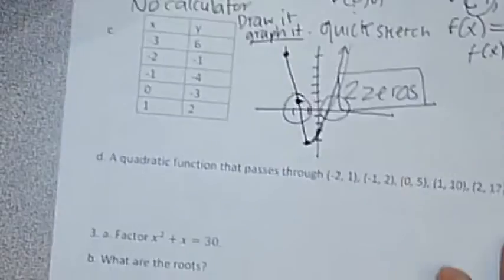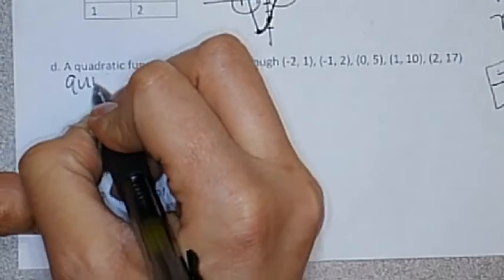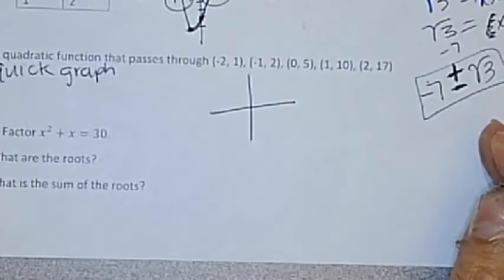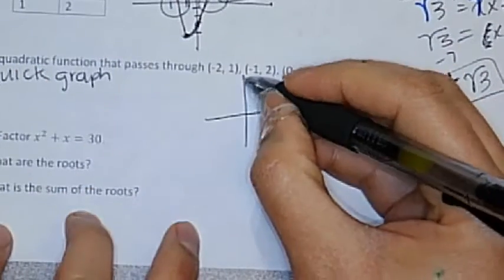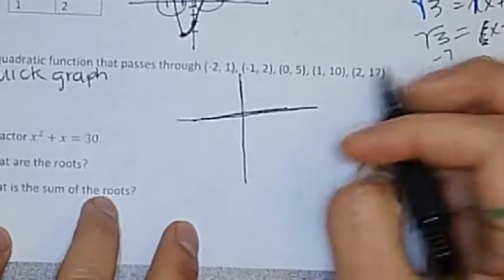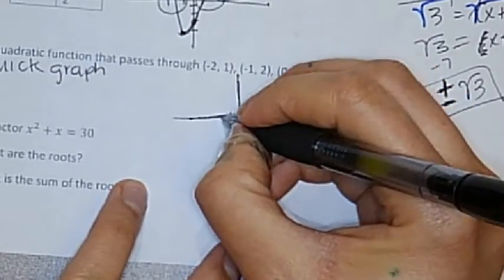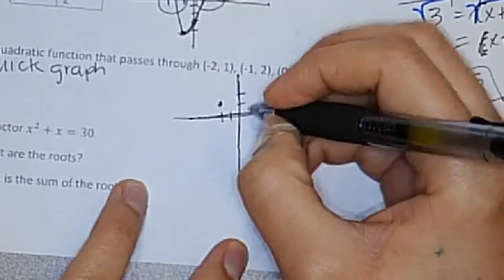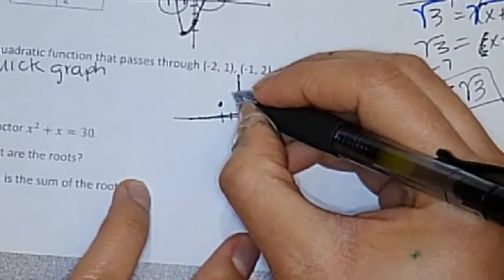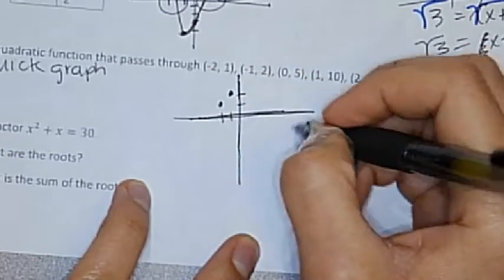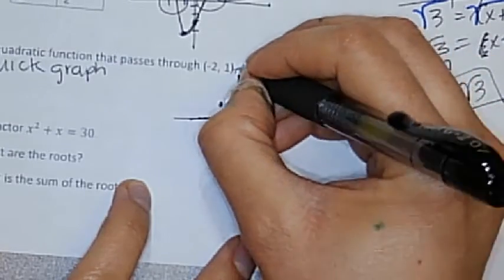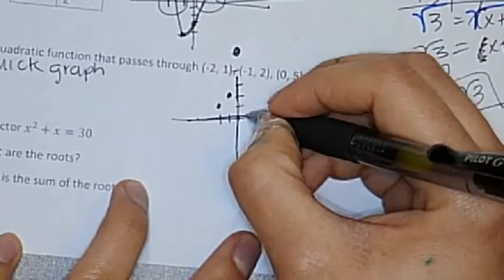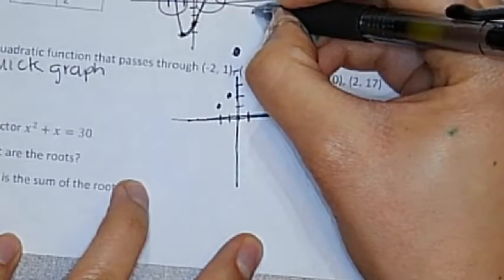For letter D, I'm also going to do a quick graph. I might need a longer one. Negative 2, 1 would be there. Negative 1, 2 would be there. 0, 5 would be over here. 1, 10 would be somewhere over here.